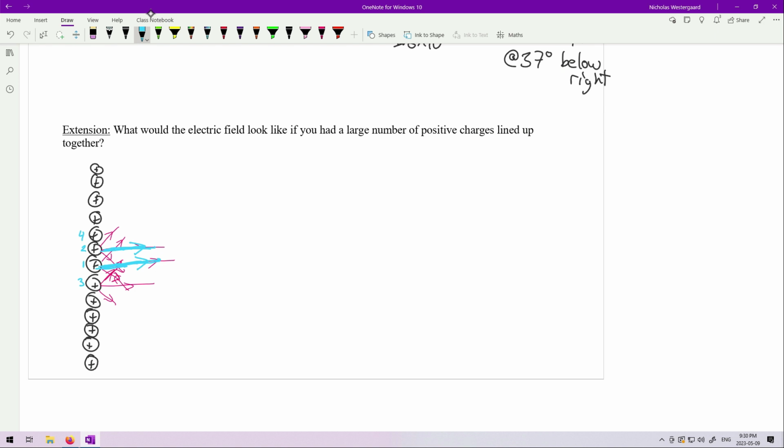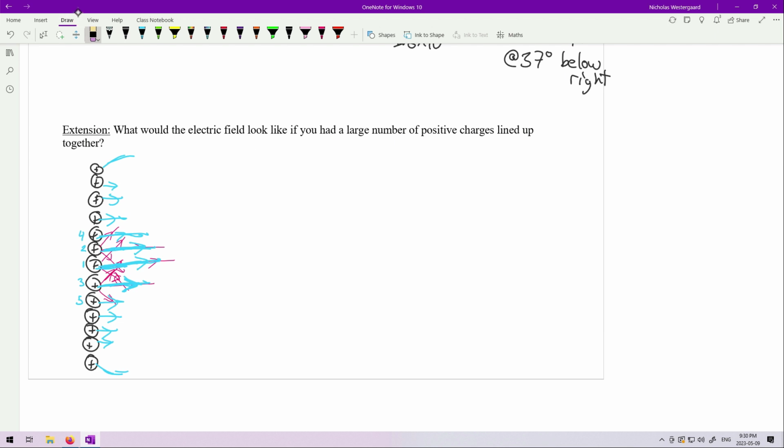And the same thing is 3 with 1 and 5. Through the process, hopefully you can recognize this is going to be the same across all of these charges, and only really begin to break down once you get to the ends where there aren't things to cancel it out.